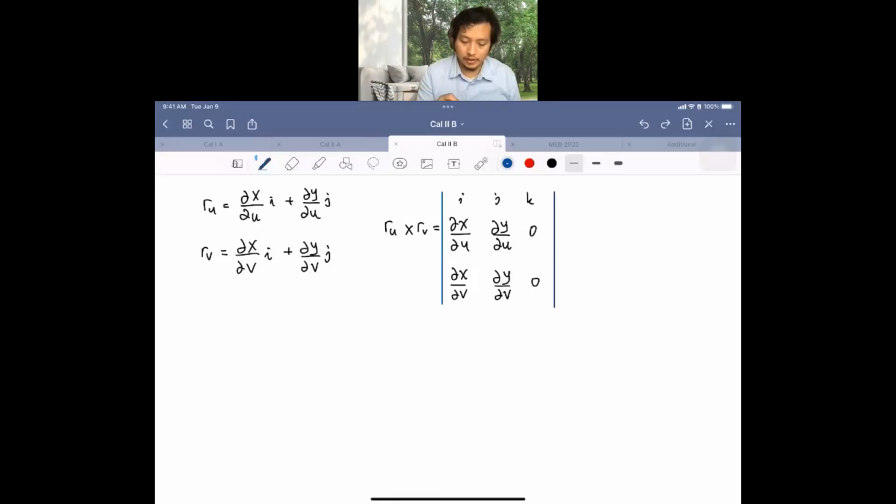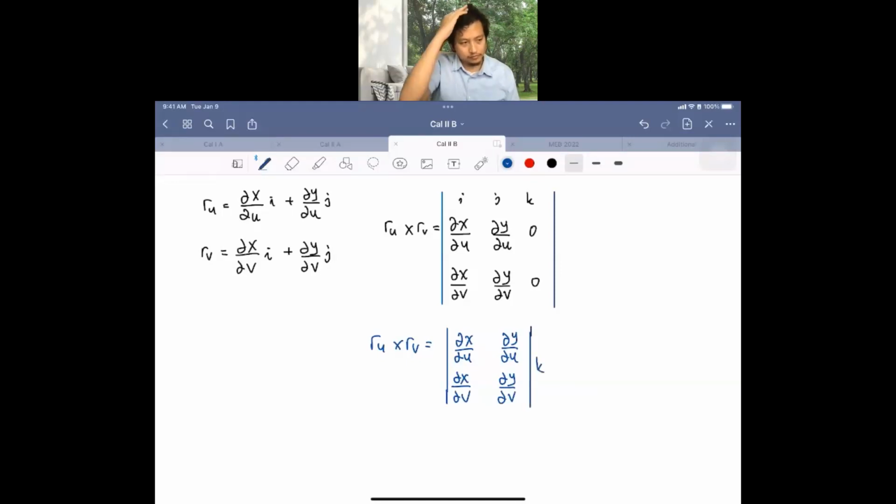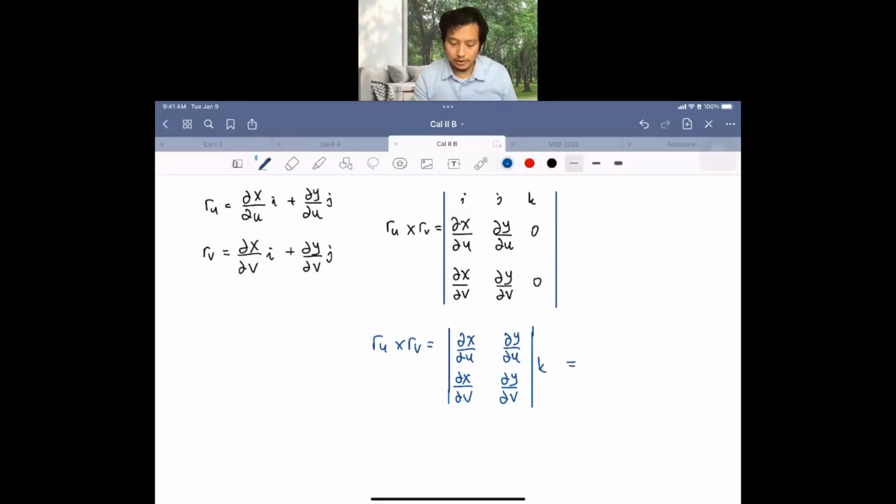So if we see from here that since k is 0, we could just write the cross product as the determinant of dou x dou u, dou y dou u, dou x dou phi, dou y dou phi, multiplied with k. Or we could shift this to the other sides, should be the same value.